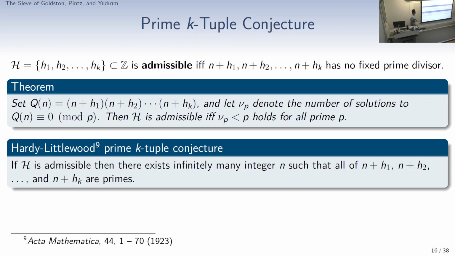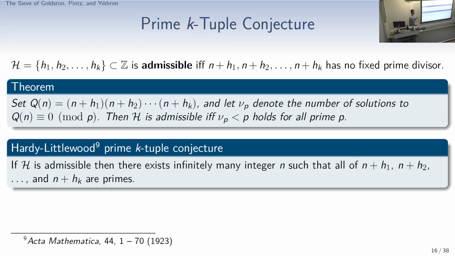And we call this admissible if n plus h1, n plus h2, up to n plus hk do not have a fixed prime divisor, because otherwise those integers can only generate finitely many prime numbers, because when n is large, n plus h1, n plus h2, up to n plus hk will always be some multiple of certain primes.